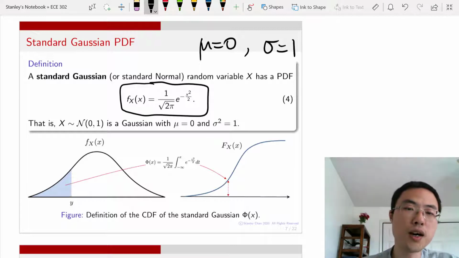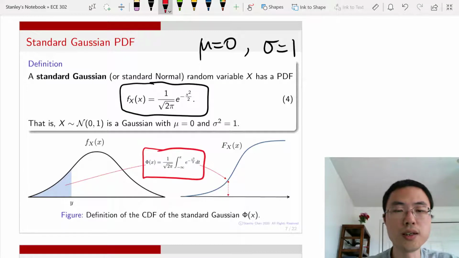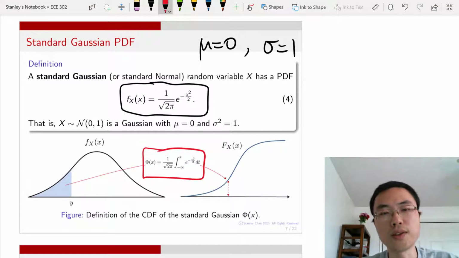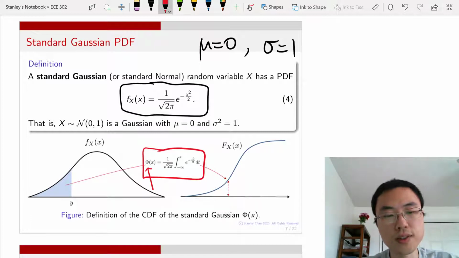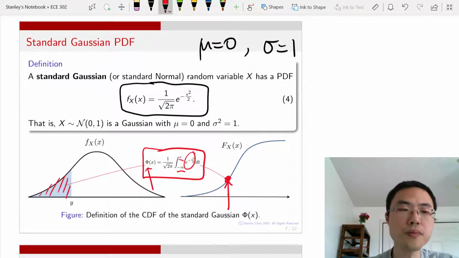Now I'm going to define a term. The CDF of a zero mean, unit variance Gaussian is given by this phi function. This phi function is just, as it's called, the CDF. So we integrate this PDF function and get to this height. The area, of course, is the integration from minus infinity up to x of this PDF. So that would be your phi function, and that will give you this height.